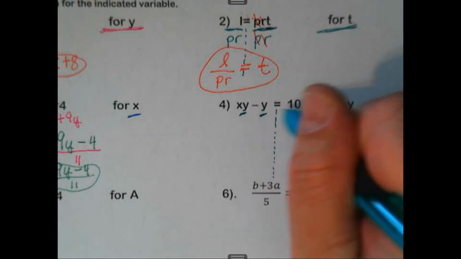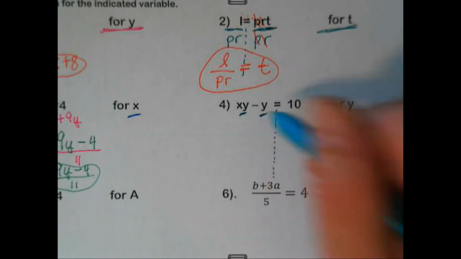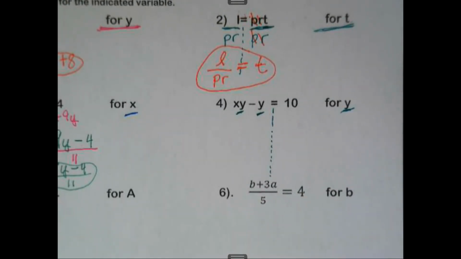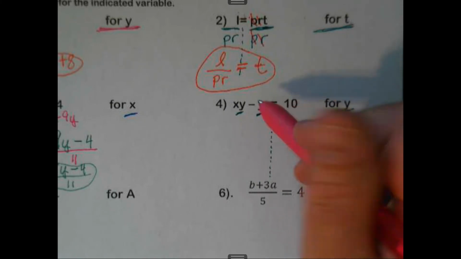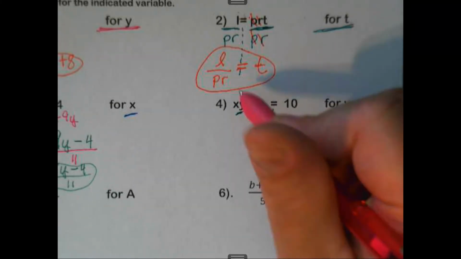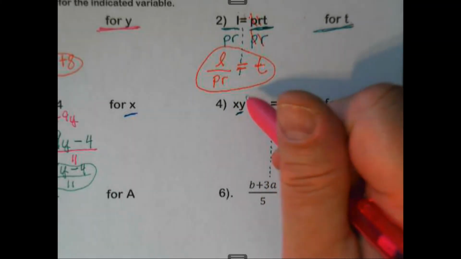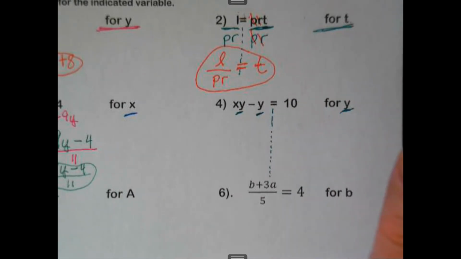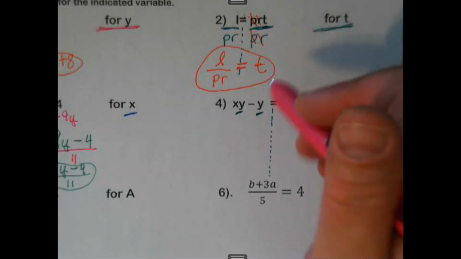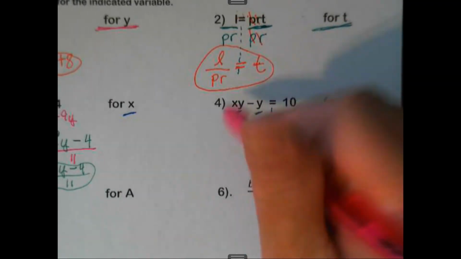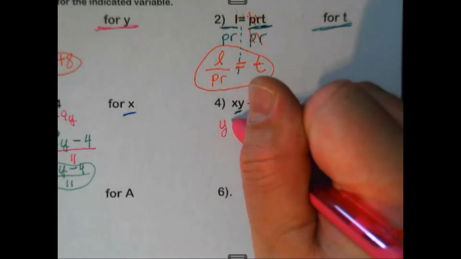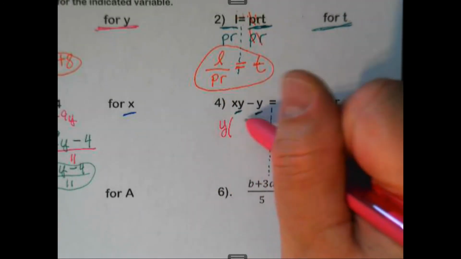It's best to leave the y's on one side of the equation. However, I need to make two terms into one term here. And the way I can do that is I can do what we call, well, it's not a mathematical term, but I'm going to undistribute the y. In other words, instead of distributing y over parentheses, I'm going to take out a y.